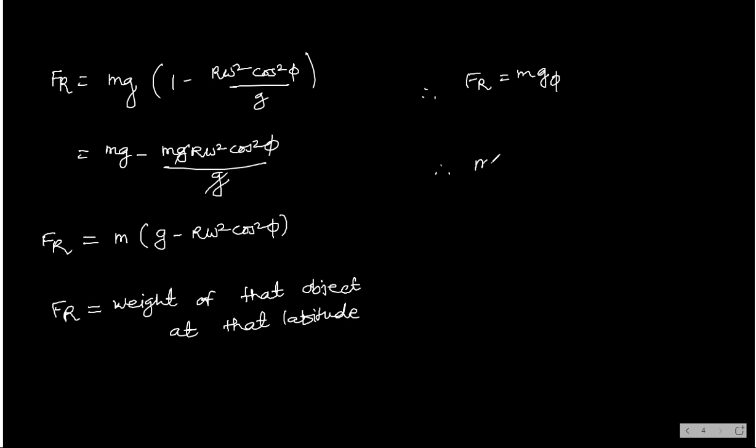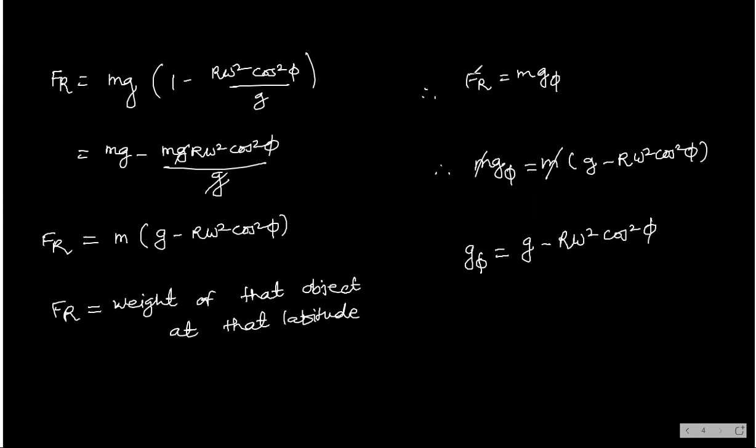And therefore, m into g phi is equal to m into g minus r omega square cos square phi. Now cancel this m and this m, and what we are getting, g phi is equal to g minus r omega square cos square phi. Understand?